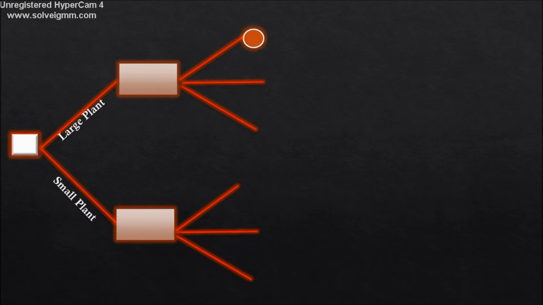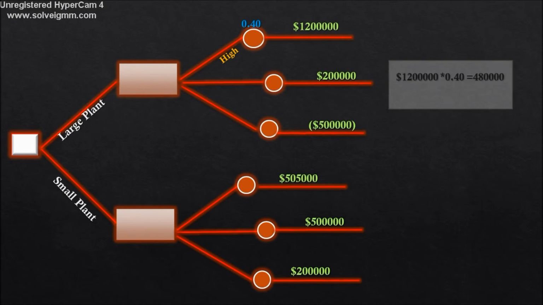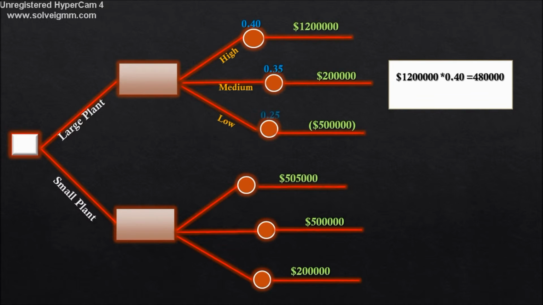Also with the small plant, the probability circles. The profit if you choose high, medium or low. Now, if you choose high, you will have a probability of 0.40. If we multiply the profit and the probability, we're going to have the final profit that we're going to need. Do the same with all the options.